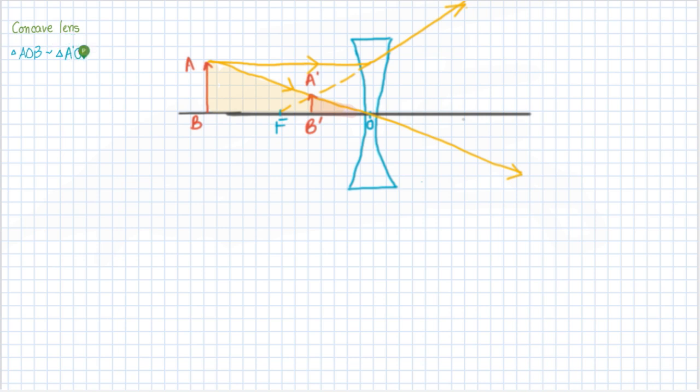Now again, by using the property of similar triangles, I can write the ratio of the corresponding sides to be equal.